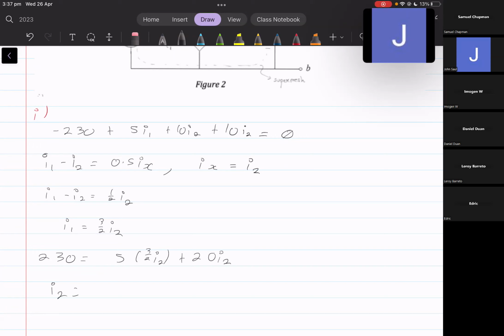Then we put that into calculators. Thus I2 is equal to 8.36 amps.